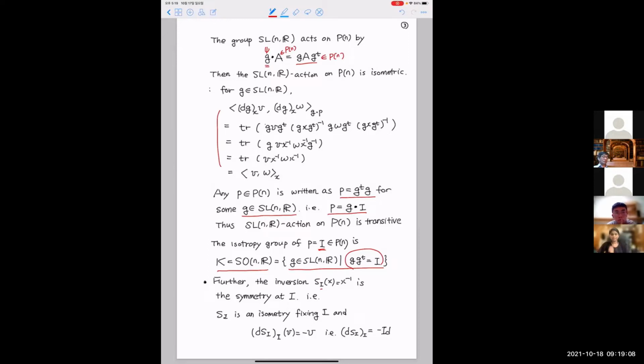Okay. So then we have proved that there is the geometric reflection at identity. So this implies that every point has the geometric reflection, because the action on the Pn is transitive.